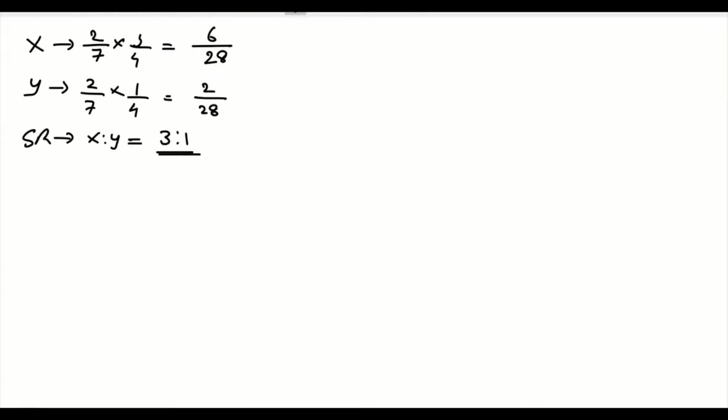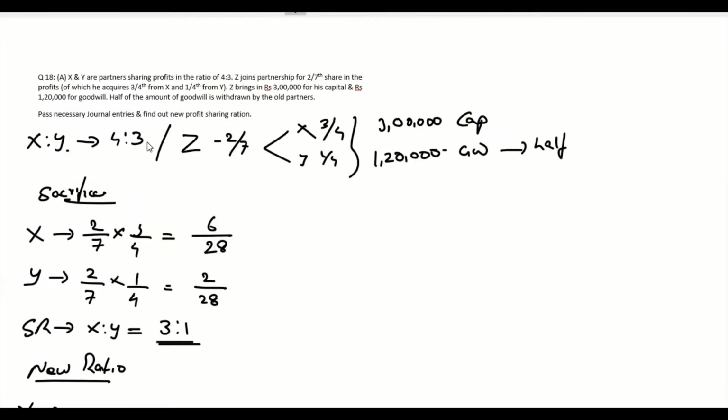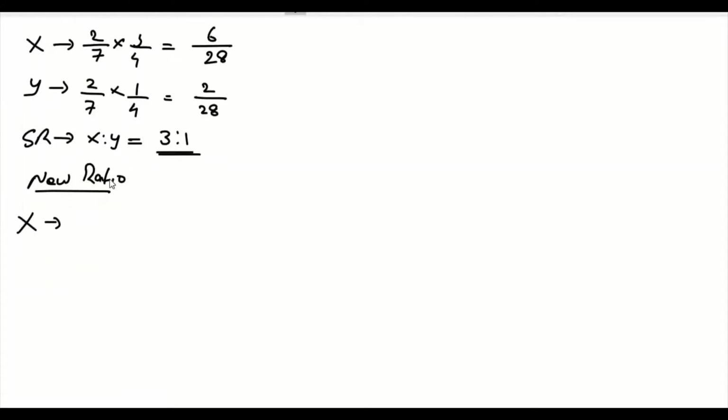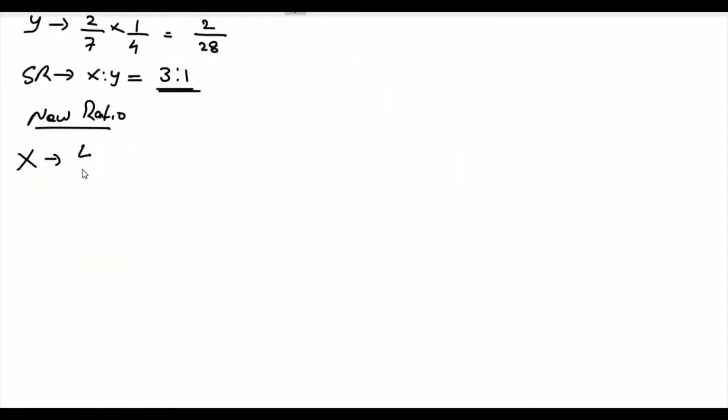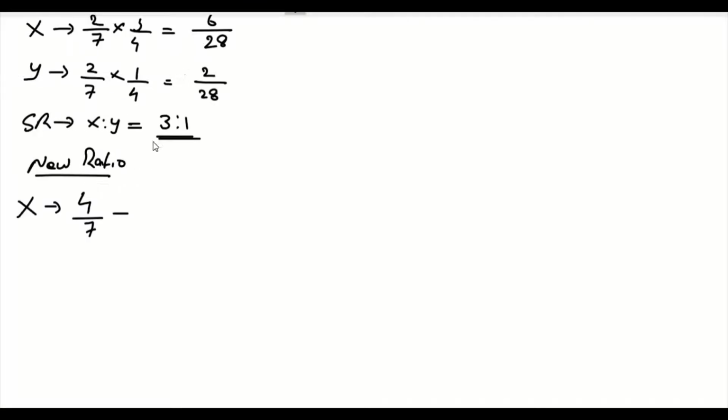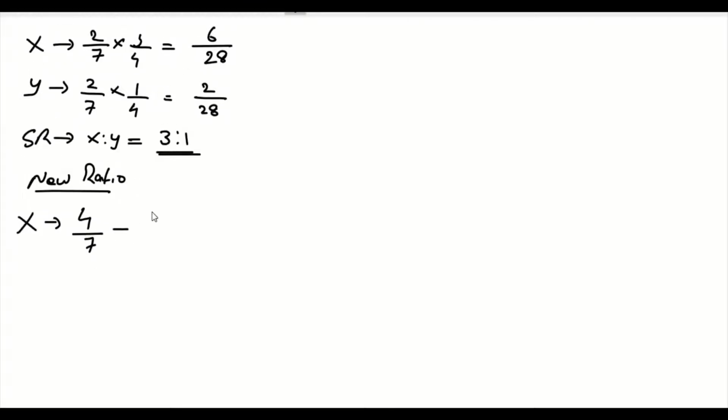Then we need to find the new ratio. For X, his original share, it's 4:3, so it is 4/7 minus his sacrifice, that is 6/28.